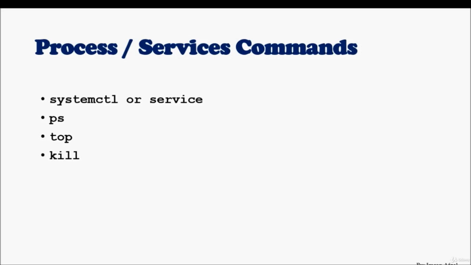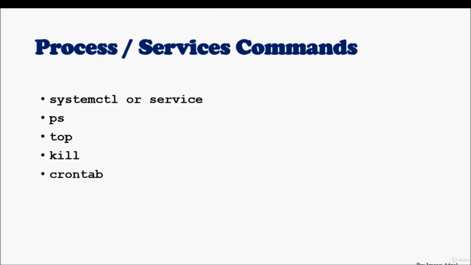Going back to our Apache example, when you run the application httpd, it has a process ID. You could stop that process by running systemctl stop httpd, or you could simply use kill followed by the process name or process ID. We'll cover the kill command later in this lesson.